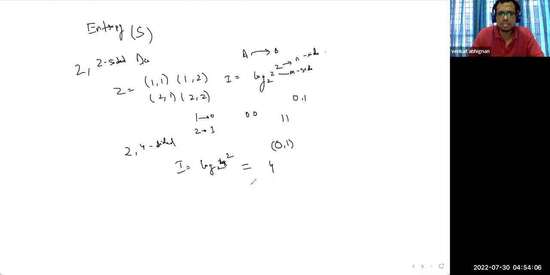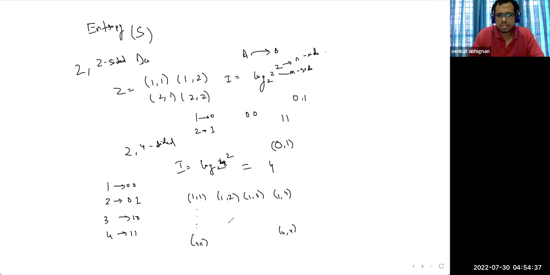What this means is, these are the different possible outputs you can get from these two 4-sided dice. If I have a method of sending these messages like this, I can send it with just 4 bits of information.